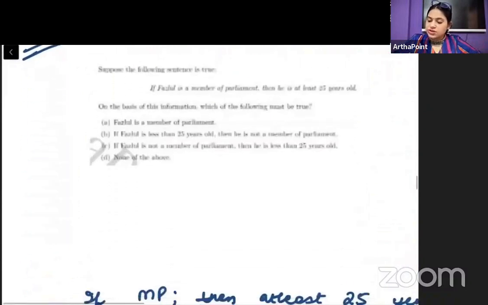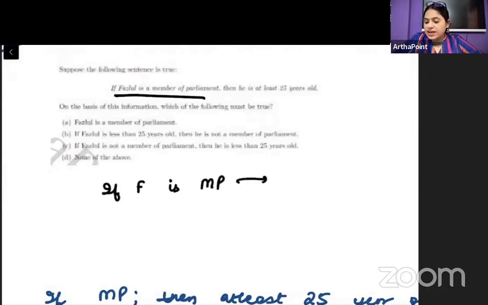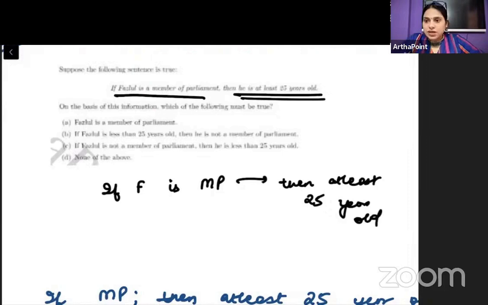Okay, let's go to the next question. It says if Fazal is a member of parliament, so if F is MP, then he is at least 25 years old. That's the minimum thing.